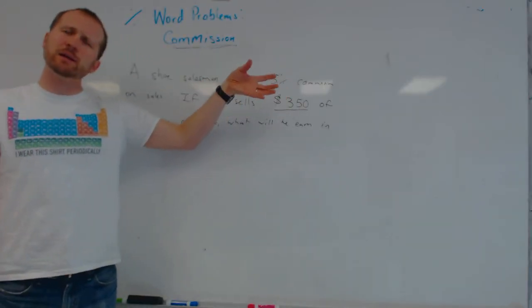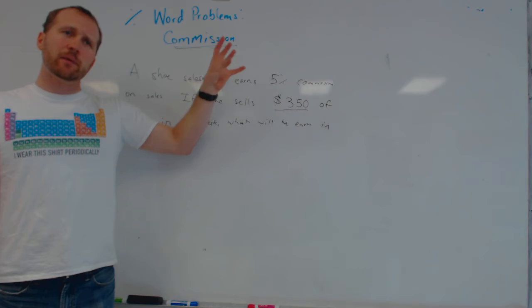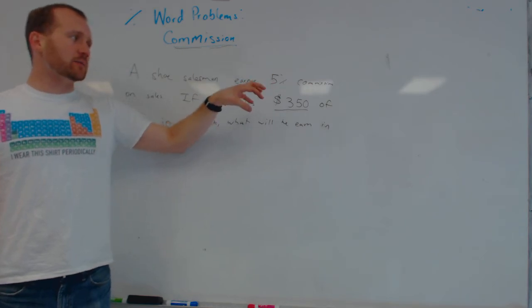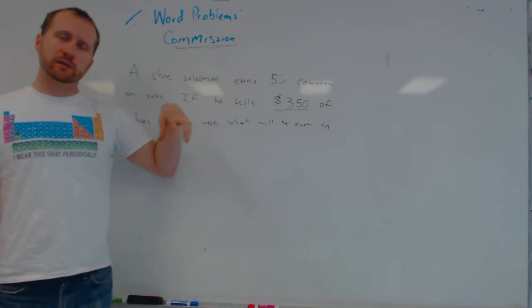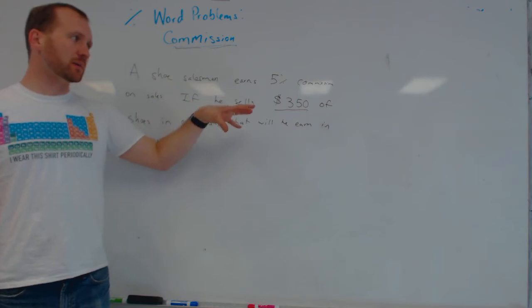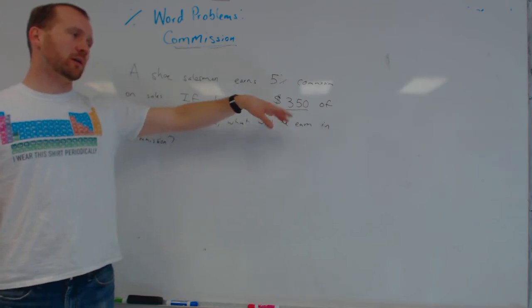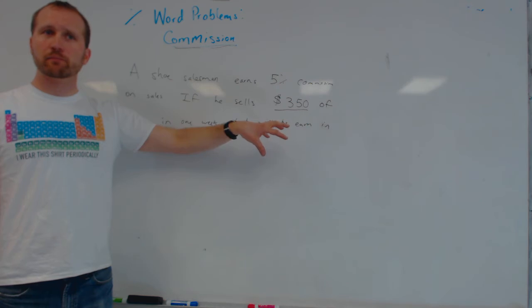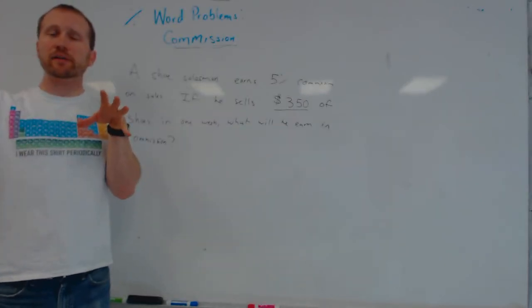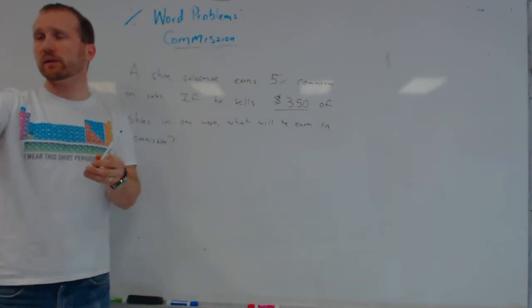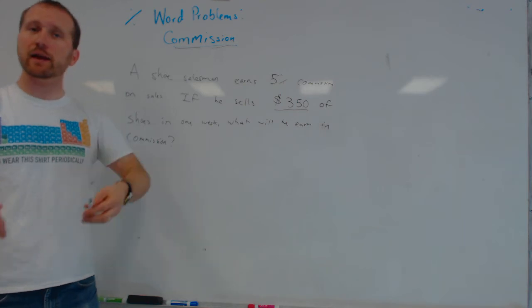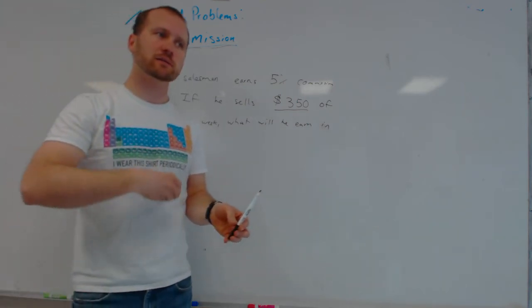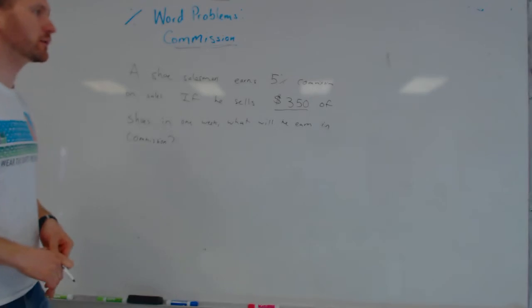A typical thing with sales is about half of that money is what the thing actually cost the company. So the company was able to buy those shoes for $175. They're going to take the profit that they have left over and give a little bit of it to the salesperson to say, hey, nice job, this is what you earned for selling it.